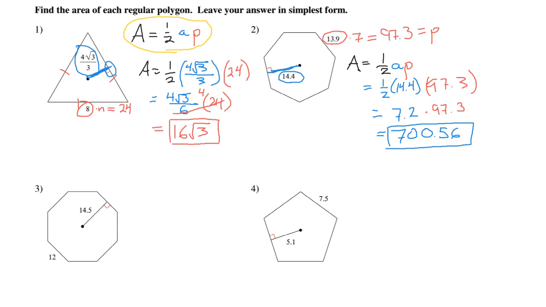Let's look at number 3. Now this is an octagon. Okay, so we've got 8 sides. And this is going to be 1/2 A times P, just like we've used in the past. Okay, so here our apothem, running from center to middle of side, is 14.5. So I'm going to start filling in this area formula with our actual numbers. So we got 14.5 as our apothem. That's not going to divide well by 2.